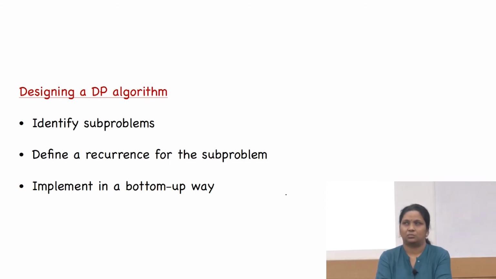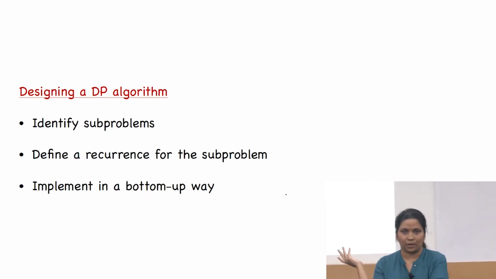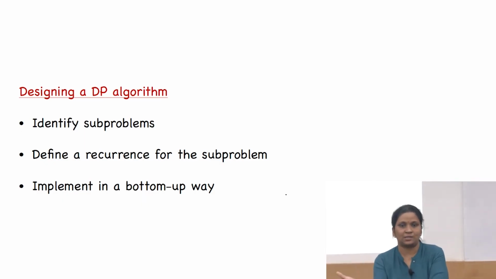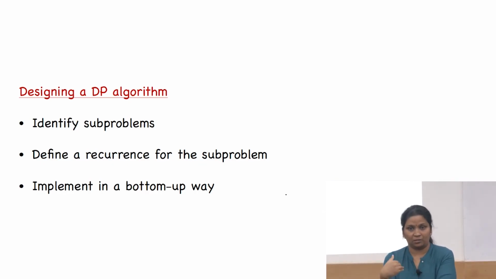Divide and conquer algorithms can be implemented using recursion. For example, merge sort uses recursion, but there the subproblems are independent. Here they are overlapping, not independent. That's why the top down is not efficient.